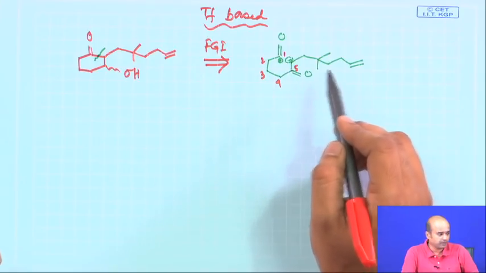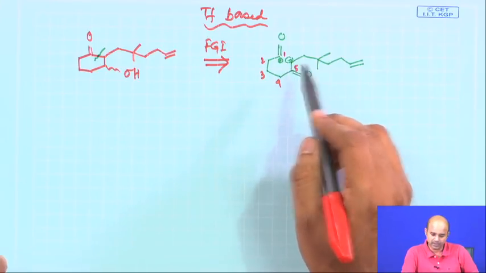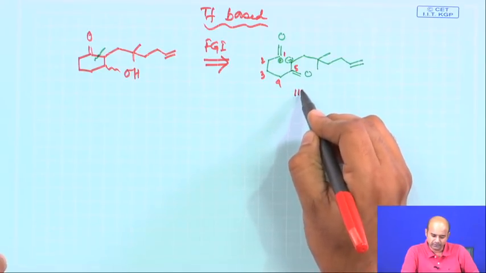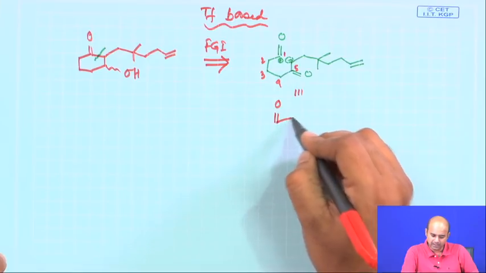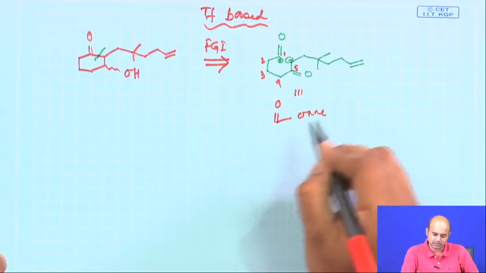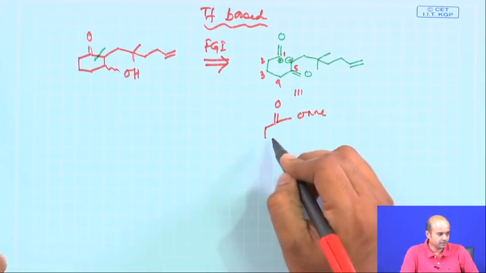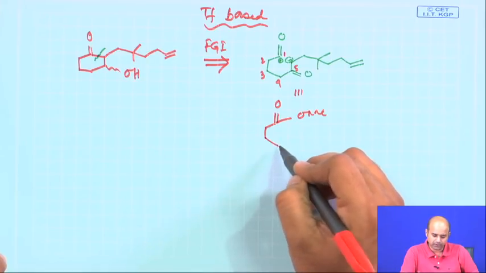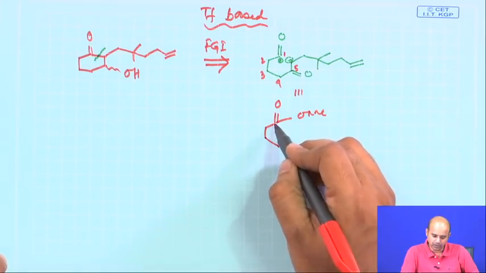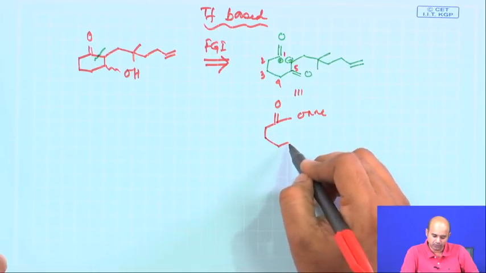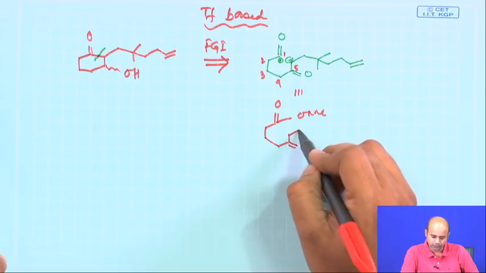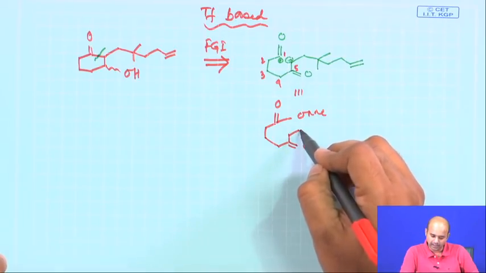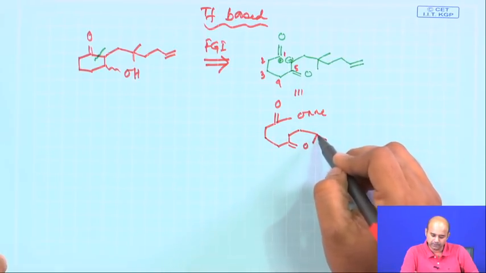Now, if you have a very close look at this transformation, it is basically a Dieckmann type of reaction, or Dieckmann condensation more precisely. So, 1, 2, 3, 4, 5, and then we put the entire alkyl group as it is.